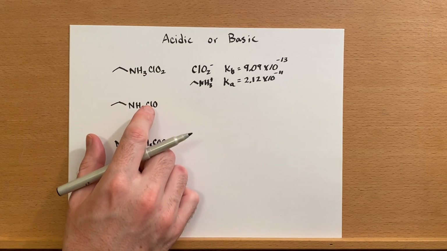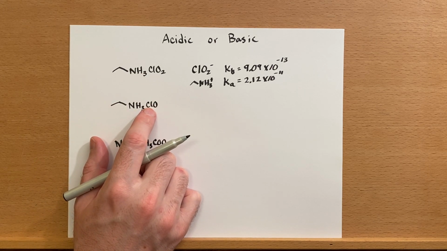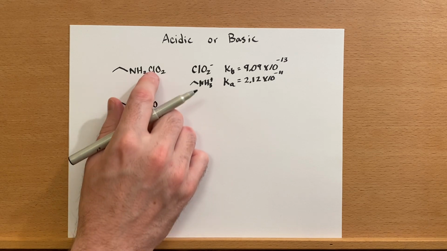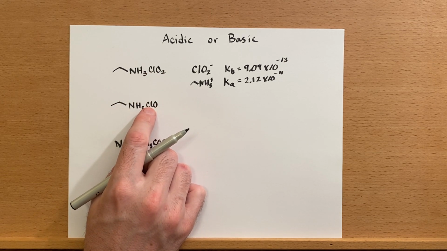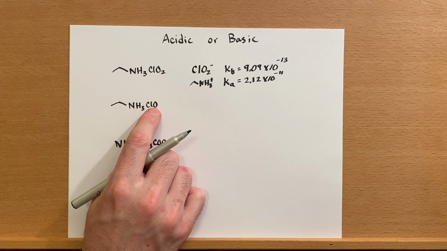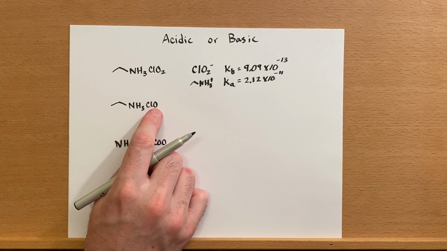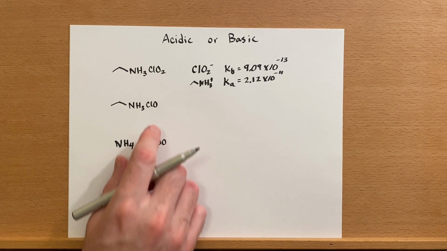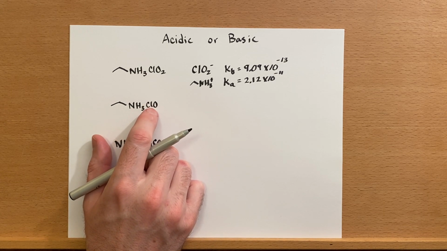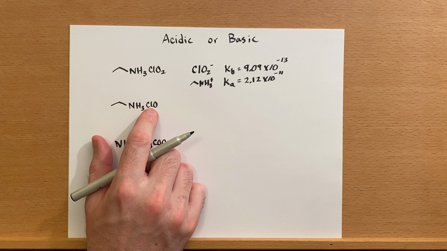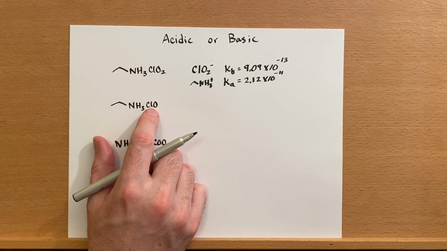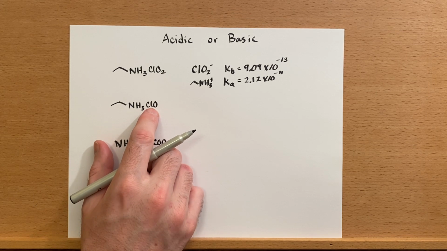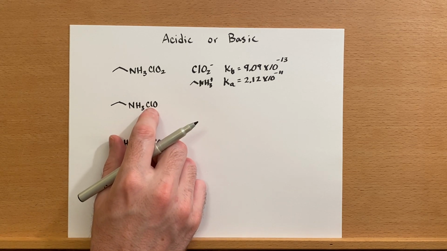Now, in this next case, you'll notice that I've switched the anion from ClO2 to just ClO, which is the hypochlorite. If we think back a ways, you'll remember that if I reduce the amount of oxygen on here, then I'm going to concentrate the negative charge on the oxygen, and it will be a little bit weaker of an acid. And so it'll be less likely to give up its proton.